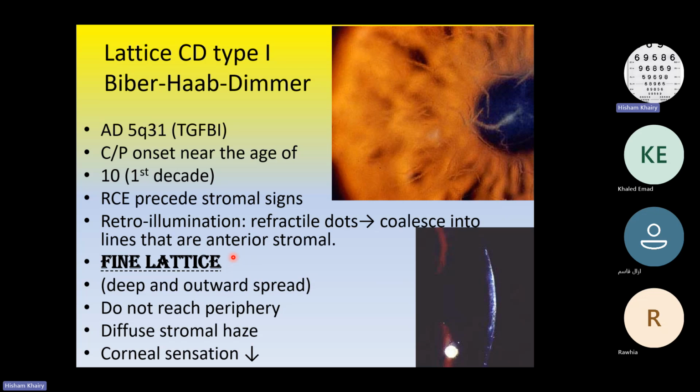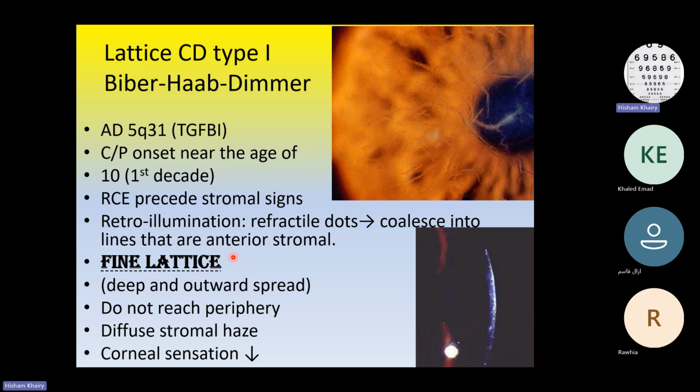Moving forward to other stromal corneal dystrophies, there is the lattice corneal dystrophy type 1. It is also autosomal dominant inheritance related to TGF beta 1, also located at chromosome 5, long arm, position 31.